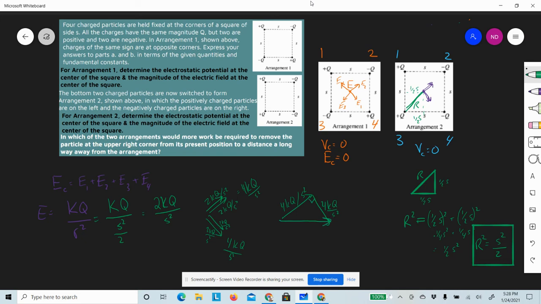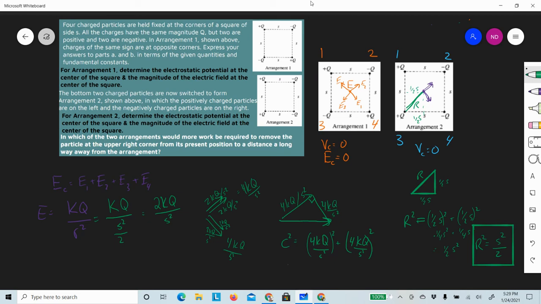There's your right triangle, C squared or A squared, whatever you want to call it. So C squared equals 4KQ over S squared plus 4KQ over S squared. Before we do anything with that, we can add them up.